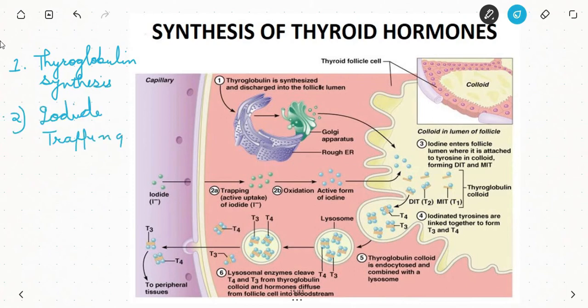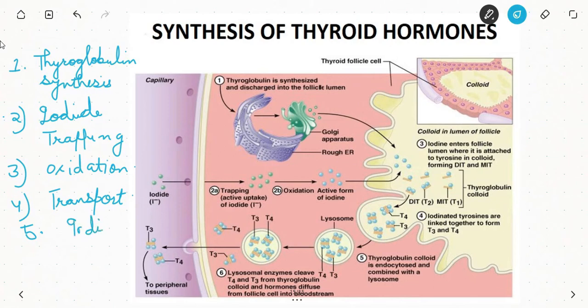Third, oxidation of iodide. Fourth, transport of iodine into follicular cells. Fifth, iodination of tyrosine.